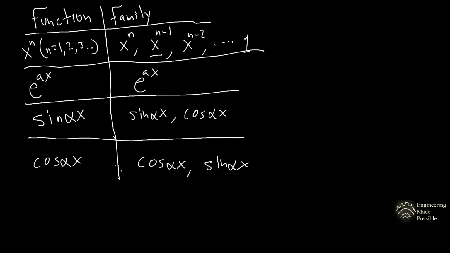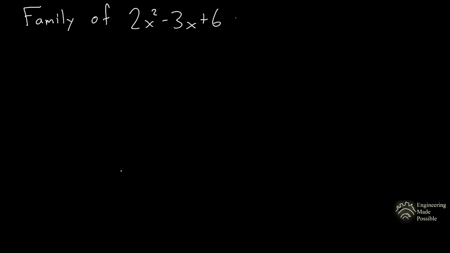So let's go back to what we were solving for the particular solution. What are the families of this function? 2x squared take away 3x plus 6. For the first one, we see x squared. So that will be the first family that we have: x squared, multiples of that. Let's go ahead and put this in parentheses. Once you get the derivative, it's going to be x, multiples of x.